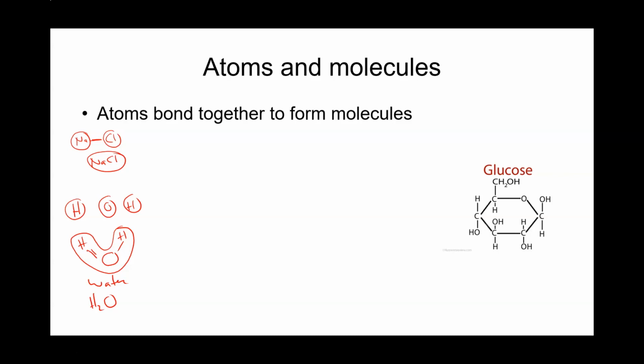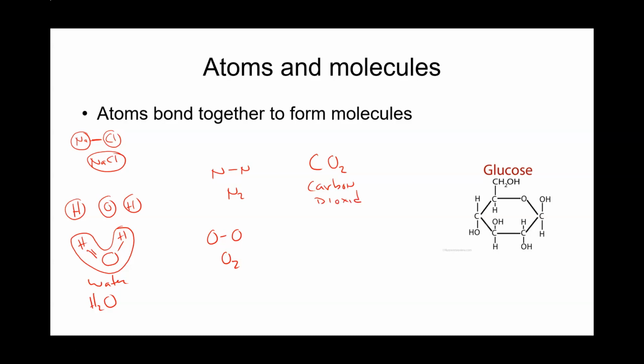Or you could have a molecule of nitrogen binding together to another molecule of nitrogen, which makes N2. That's the type of nitrogen that's in the air. Or oxygen binding to oxygen to make O2. That's the kind of oxygen we breathe. Or you could have a molecule of carbon bonding together to 2 molecules of oxygen to make carbon dioxide.